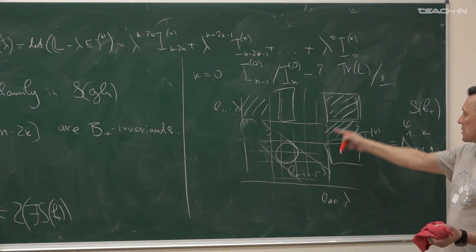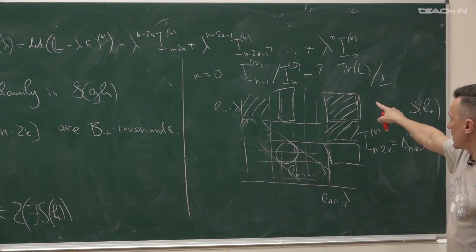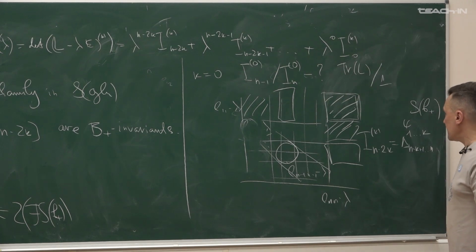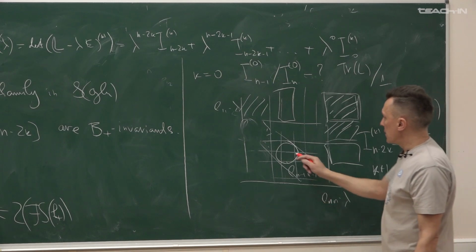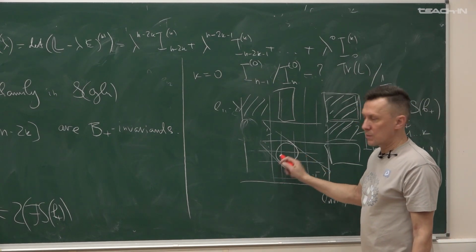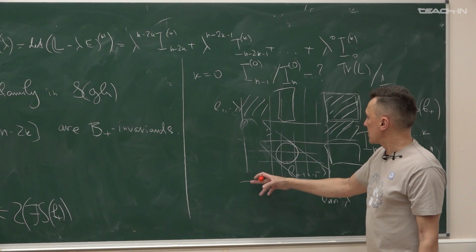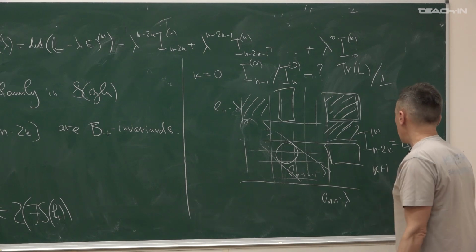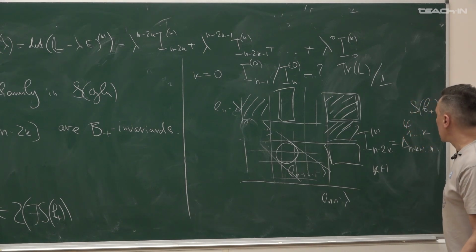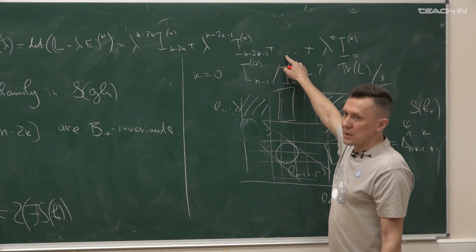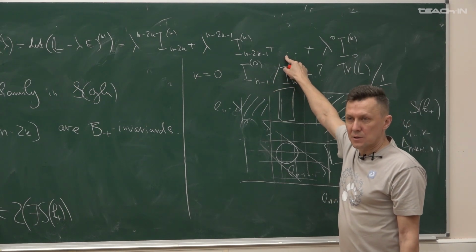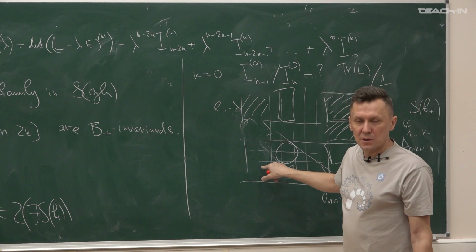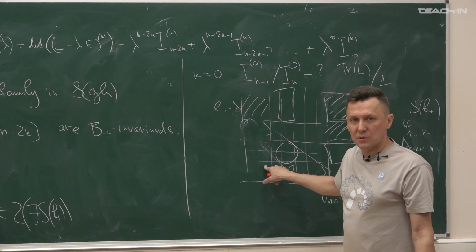So you always consider minors of such type, which are of dimension k plus 1. They touch some element from the diagonal, but never take an element of the lower triangular part. And it is already not true if we consider the next element. It always contains something from the lower triangular nilpotent part.